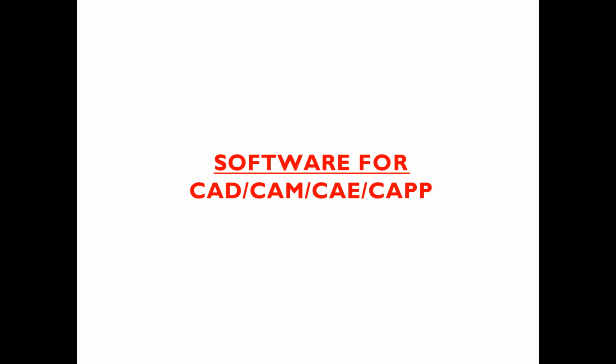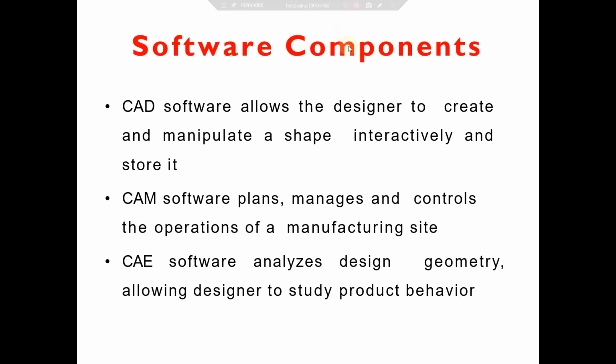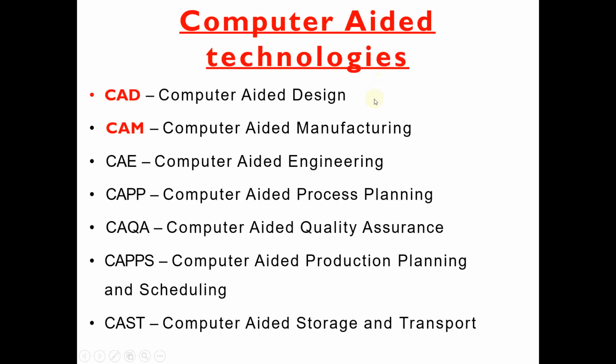Process planning means planning and scheduling the entire production process, right from the entry of raw materials into the manufacturing organization or firm until the final product is released to the market. How the scheduling and planning should be made is done using computer-aided process planning techniques. Okay, so let us look at the details of such software in the coming class.